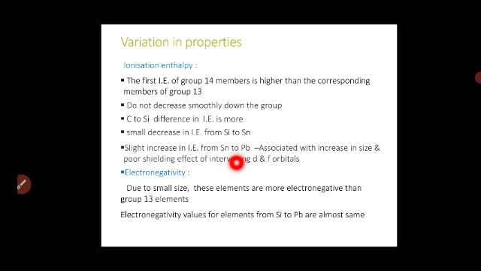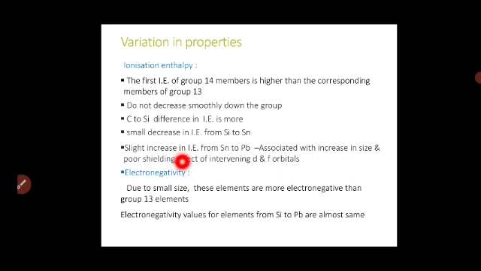Now why is this? Because of the little increase in size as well as the poor shielding effect of intervening d and f orbitals. Intervening means inner core electrons which are present in d and f orbitals.